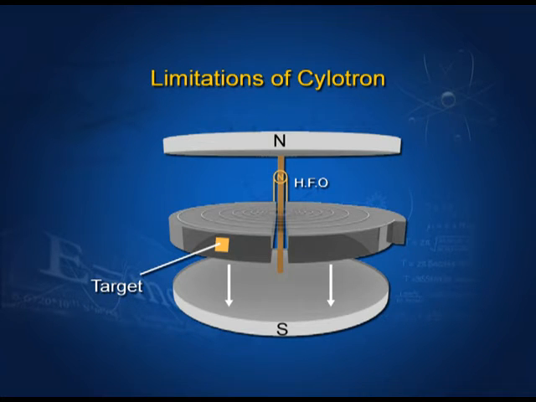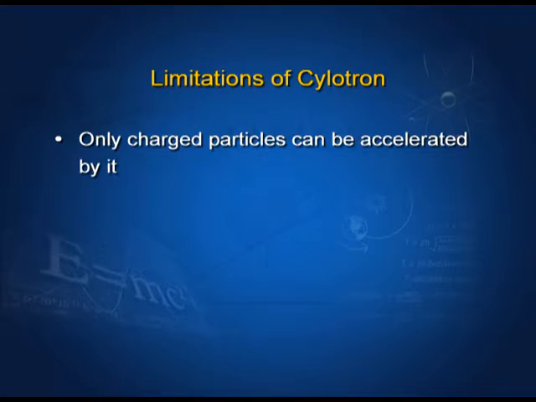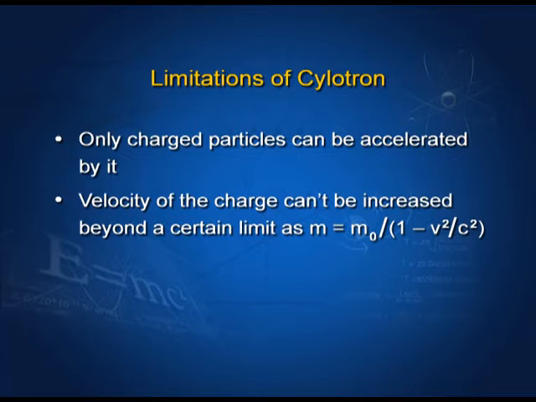Limitations of the cyclotron. There are certain limitations of this cyclotron. Number 1, only charged particles can be accelerated by it, because if the particle is neutral, then it will experience neither electric force nor magnetic force. Hence, we cannot increase its velocity in the cyclotron. Second limitation, the velocity of the charge cannot be increased beyond a certain limit.